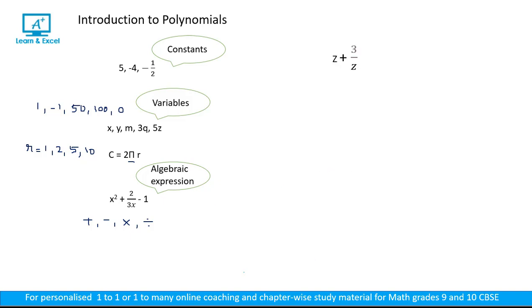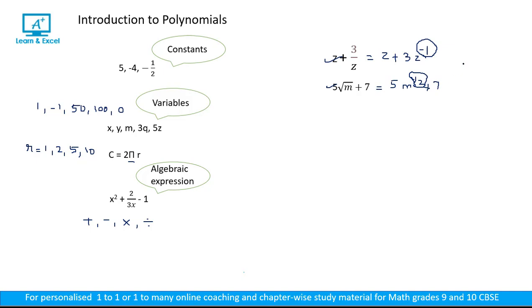Let us now look at the expression z plus 3 by z. Is this a polynomial? And is this a polynomial? We can write this as z plus 3z raised to minus 1. This can be written as 5m raised to half plus 7. Here we can see that the exponent of z is minus 1 and here the exponent of m is half.